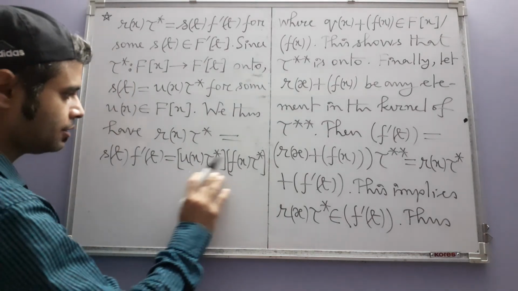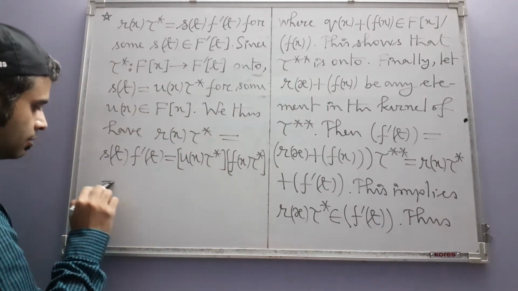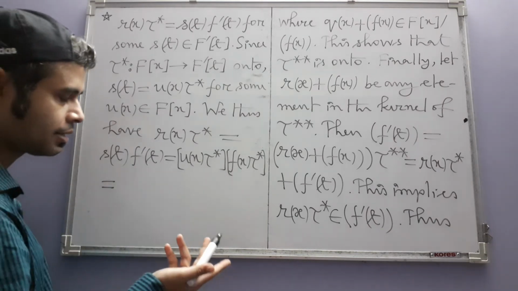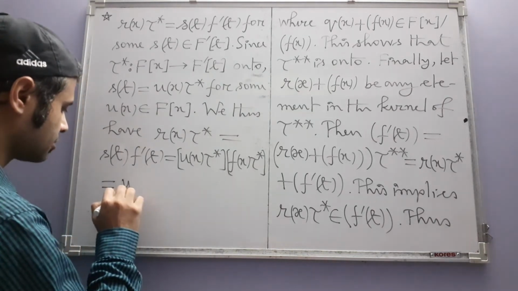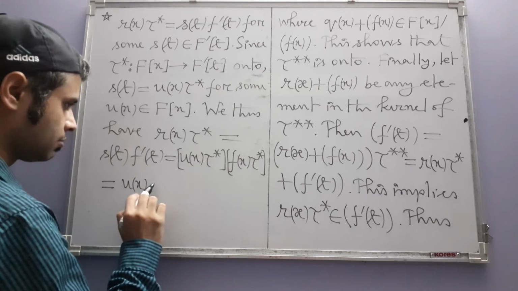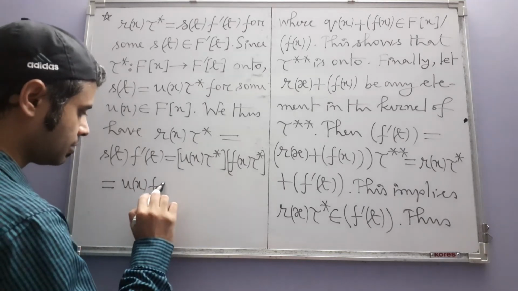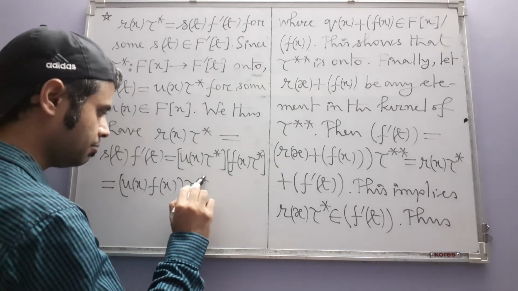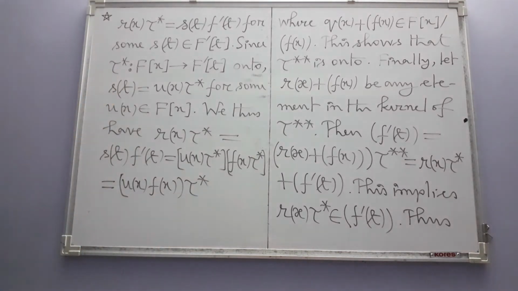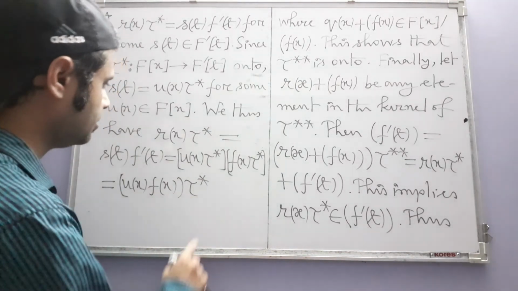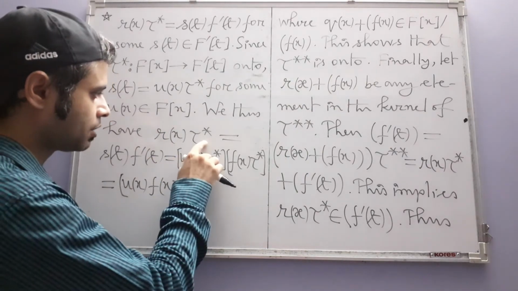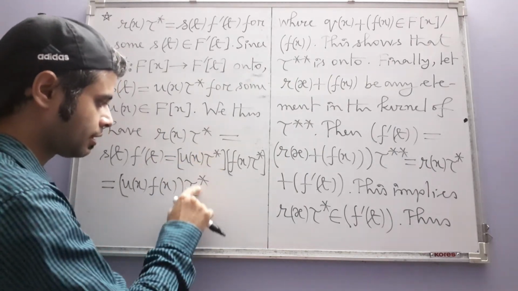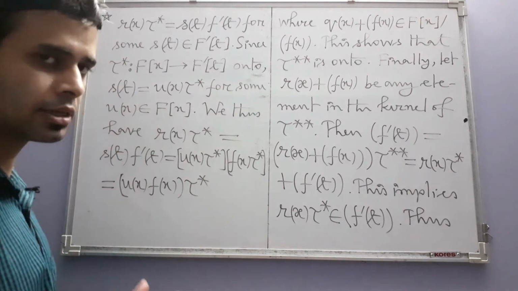Now you again use the fact that tau star is an isomorphism, so it respects multiplication, to write this final thing as the tau star image of this product. And finally, now it is time for us to use the fact that tau star is onto because it's an isomorphism.